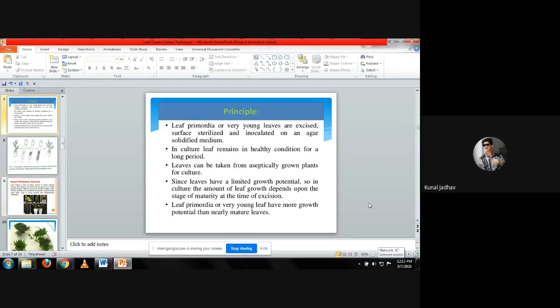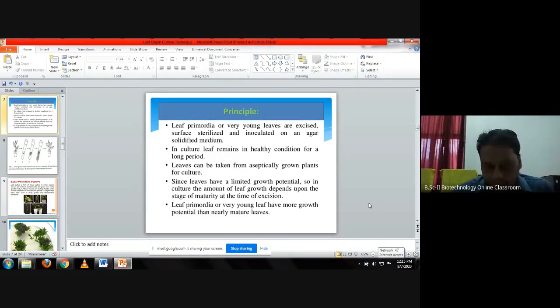Yes, sir. Then next process is to be cultivated on a solidified medium. So why solidified medium? Can anyone tell? Why not liquid medium?